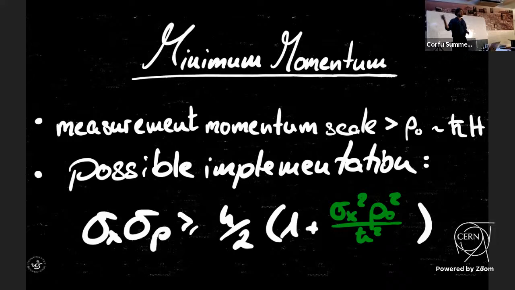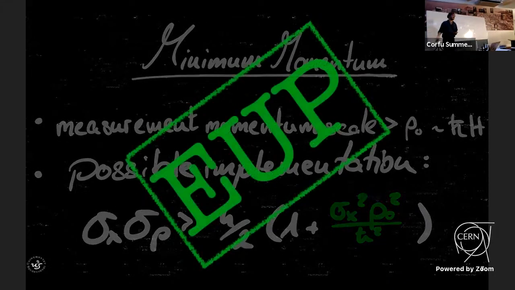Now, as I showed you before with the Robertson-Schrödinger relation, changing this means changing the canonical commutators. So you're modifying your quantum mechanics altogether, and you introduce these scales. This is what you call the extended uncertainty principle. So now we're here.